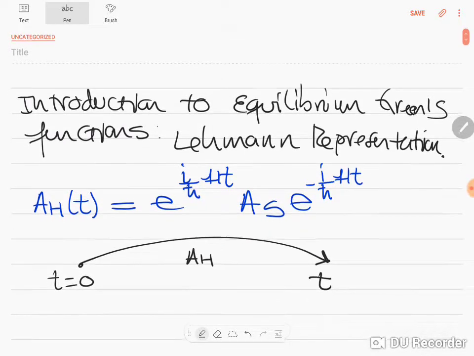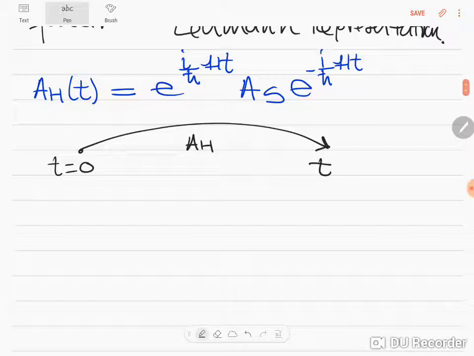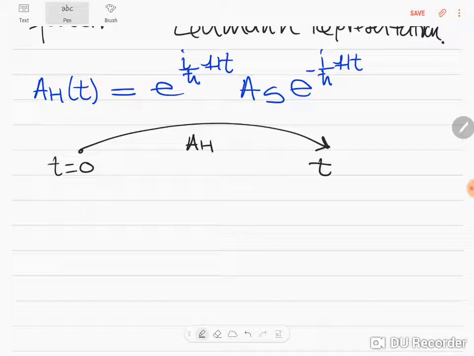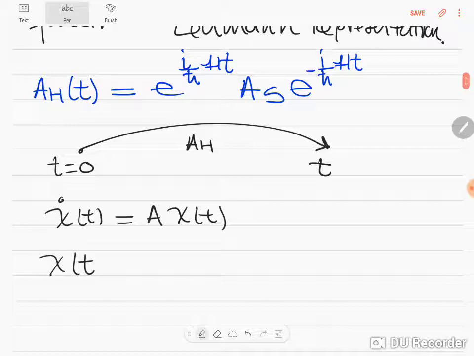Okay, so more generally, for those of you who recall equations of state, remember that, for instance, when you have differential equations of the form x dot of t equal to some matrix A times x of t, in the same way you can evaluate the transition from x evaluated at t0 to x evaluated at t. Now this is an arbitrary time, this doesn't have to be 0, t0 can be anything.